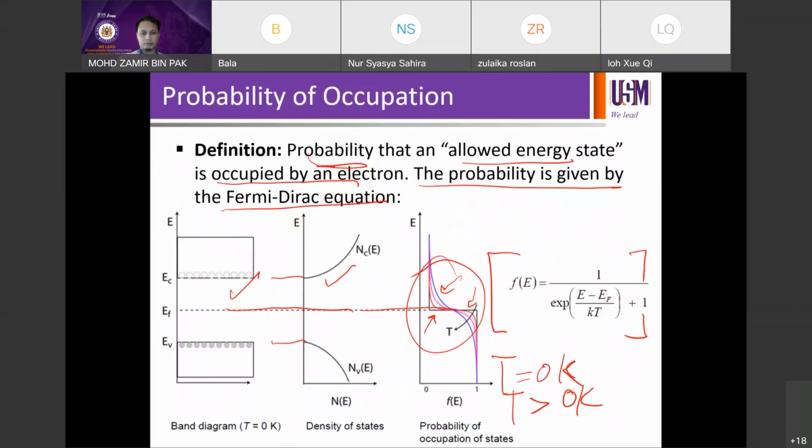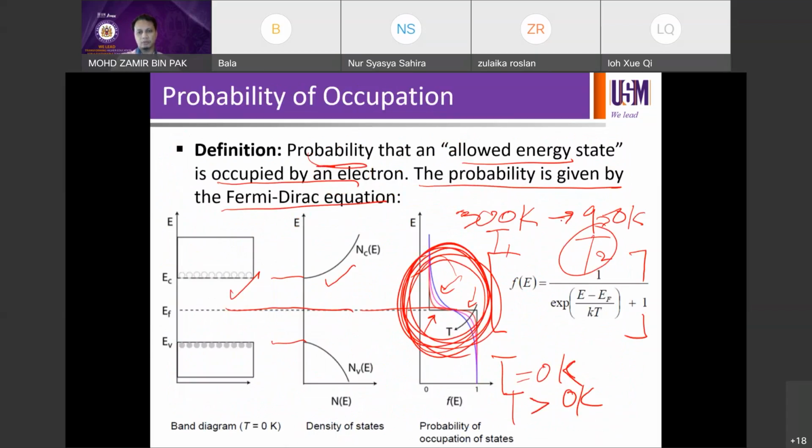For example, this one. So this is essentially what we did in the calculation by changing T from 300 Kelvin to 950 Kelvin. So you can just imagine your T at 300 Kelvin as your T1, for example, since it's not 0 Kelvin, then 950 is your T2. Then the difference between T1 and T2 in terms of electron excitation is just there.